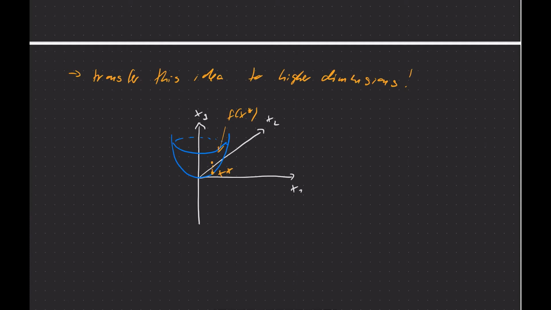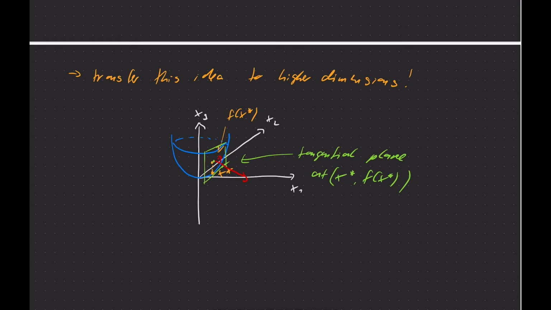So yeah, it's probably hard to see, but we'll have a plane that somehow looks like this, that goes through this point here. So that's a tangential plane at the point x star, f of x star. Okay, we fit that one. And you will see that these tangential planes can also be described using the outer normal vectors.